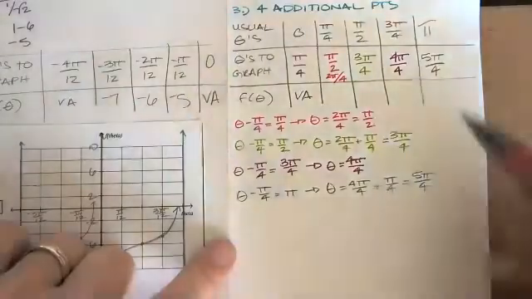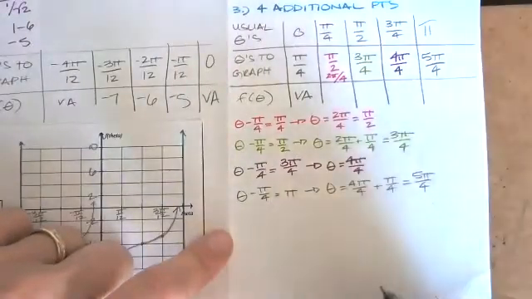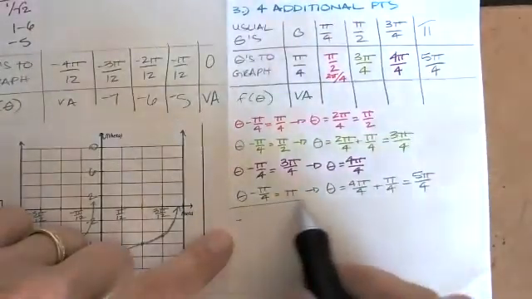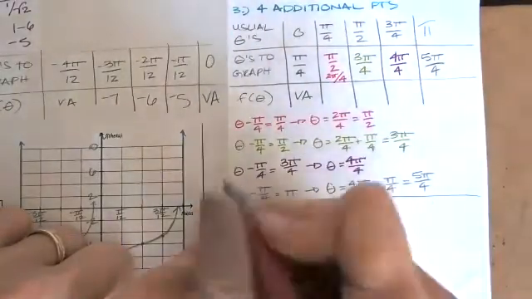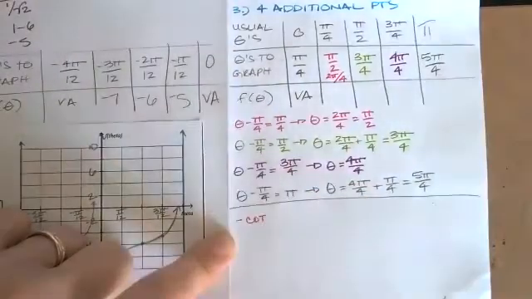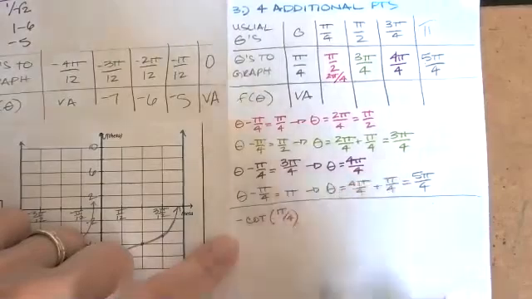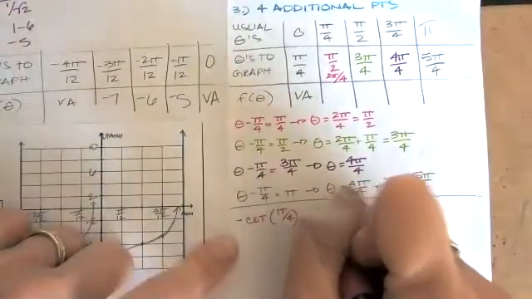So the pink one here, we have what? The opposite of the cotangent of pi over 4. And then we have a vertical shift up 5.